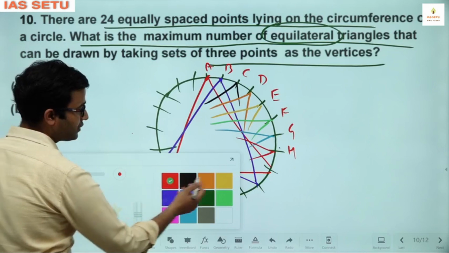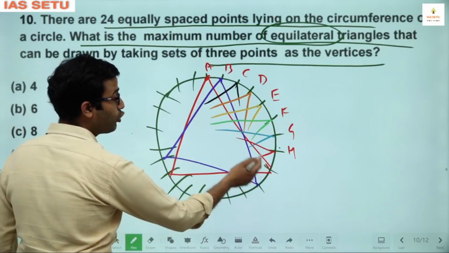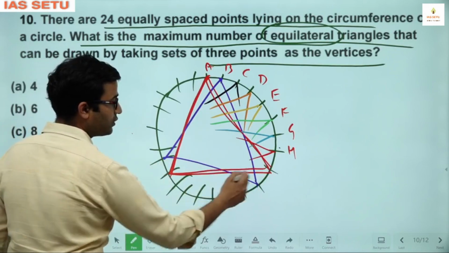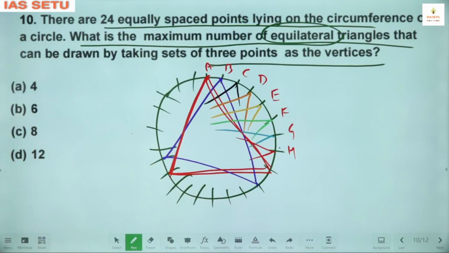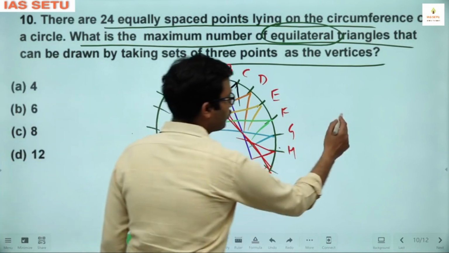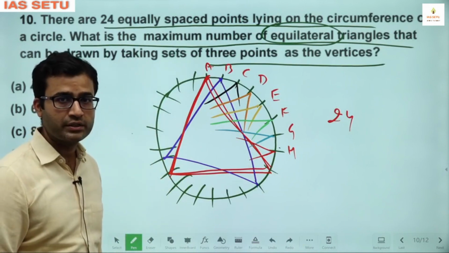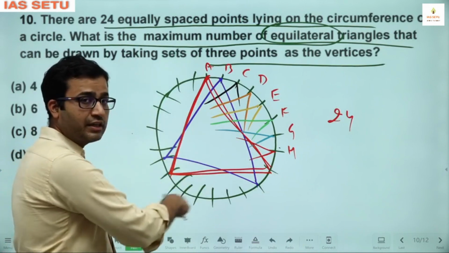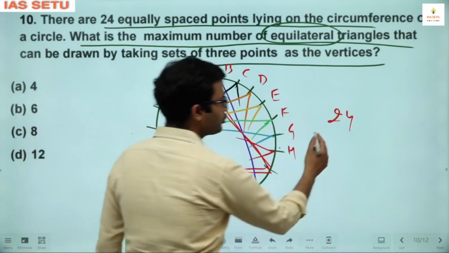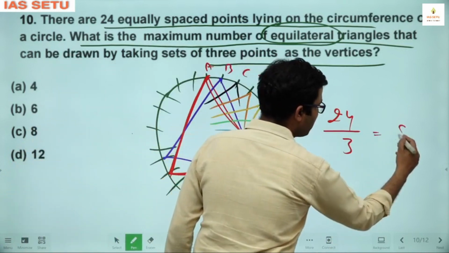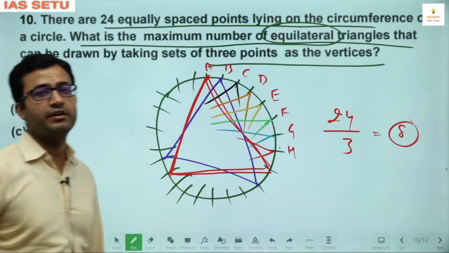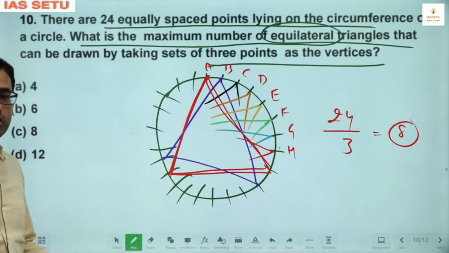Now the ninth, I'm starting from I, but it is already considered, then there will be a repetition. Total 24 points. To make one triangle, we need 3 points, and after that there will be a repetition. So 24 divided by 3, there will be 8 equilateral triangles, because you have to use 3 vertices.